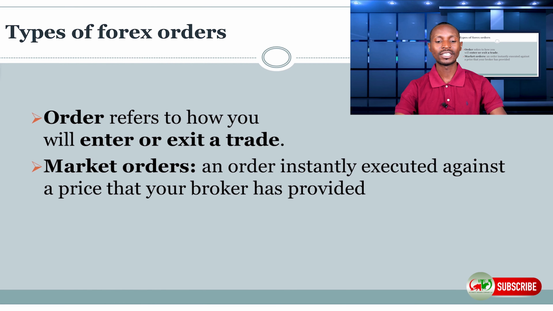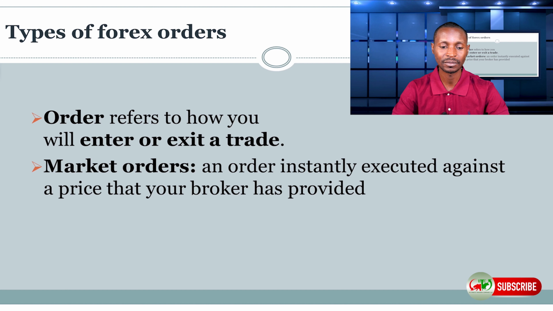As I mentioned, there are different types of orders. One which is commonly used by scalpers and many traders is what we call market orders. A market order is just to enter or execute instantly at the price which the broker provides to you.